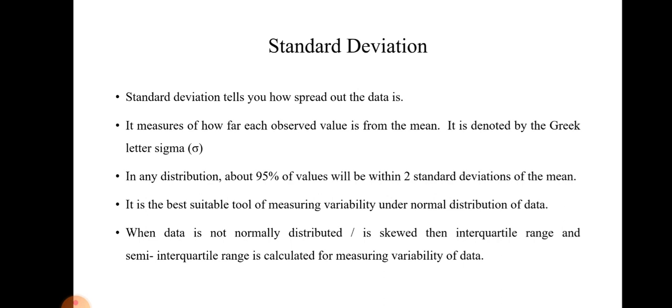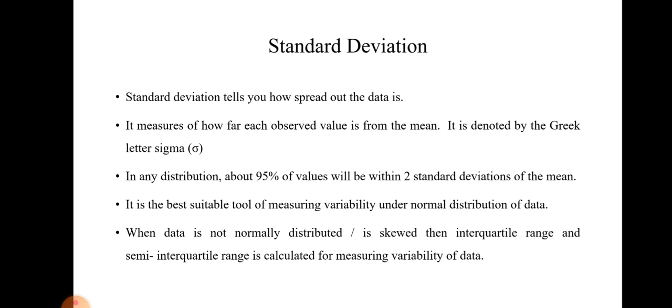Next is standard deviation. It is one of the most important statistical tools that we use in research. Standard deviation tells how spread out data is. When we know our target population, and out of that population we select some samples and analyze them, we come to know the spread of the sample or the population.